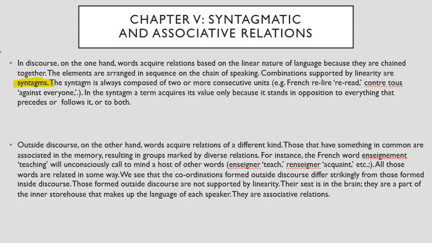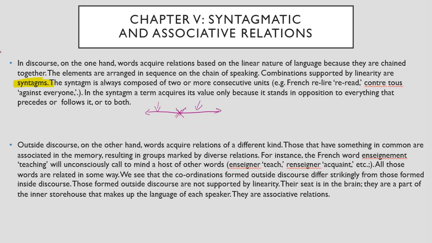Or here we have the French contre tout, against everyone. In syntagm, a term acquires its value only because it stands in opposition to everything that precedes it or follows it or both. Okay, so syntagm is a linear thing that finds its opposition to everything that precedes it or follows it.